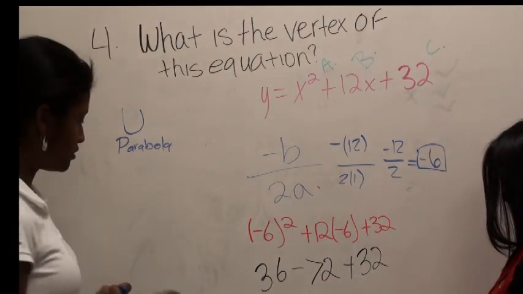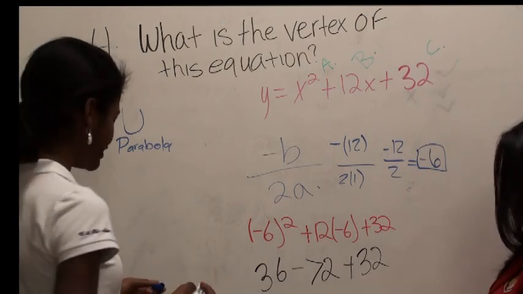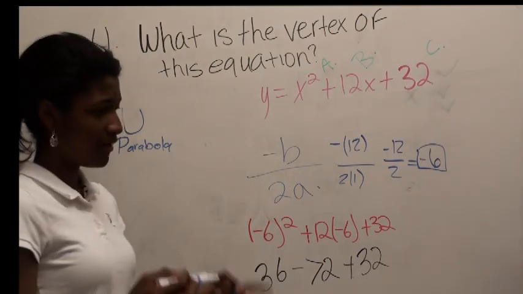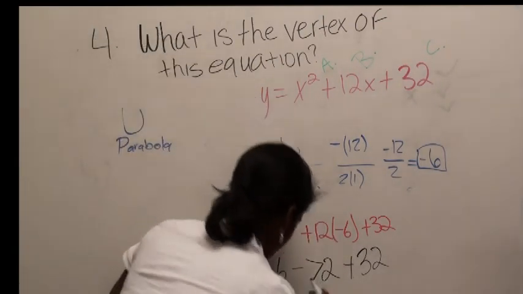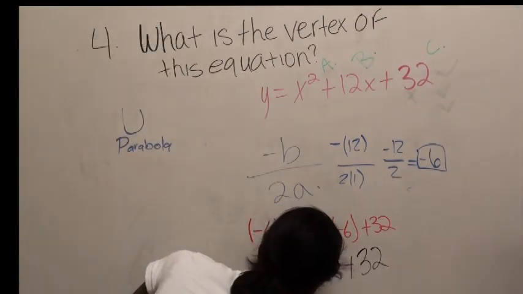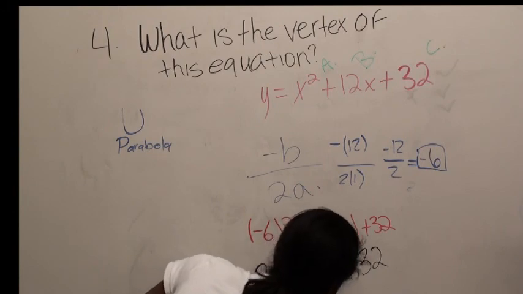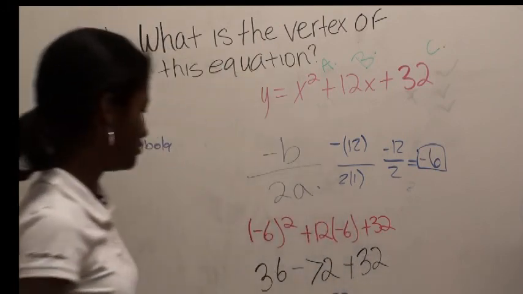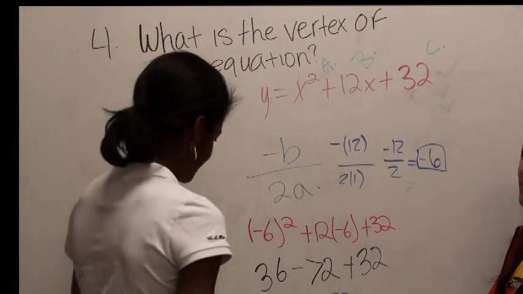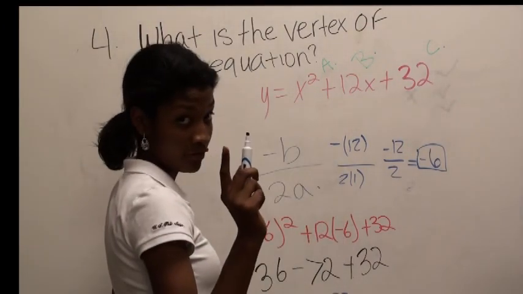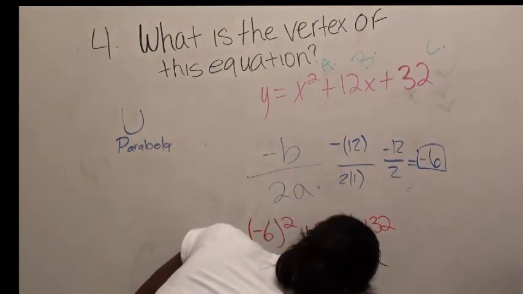So what's 36 minus 72? Negative 36. So we have negative 36 plus 32, and that would be negative 4. Negative, not positive.